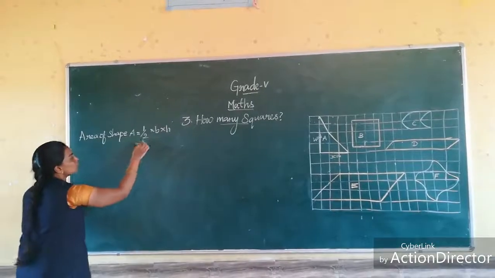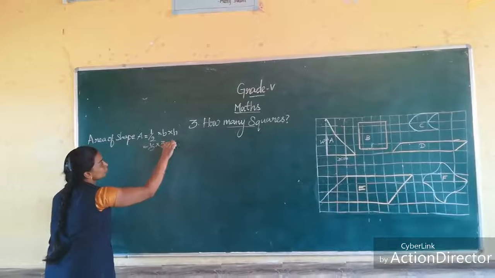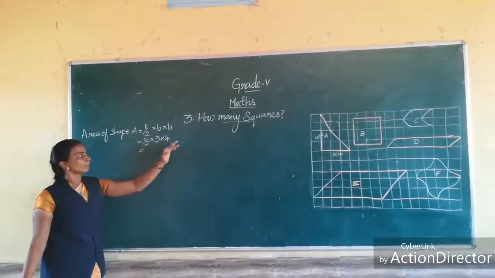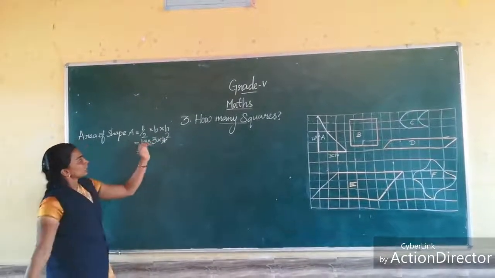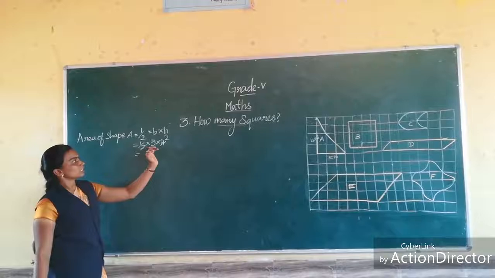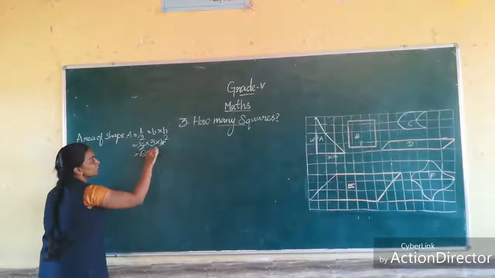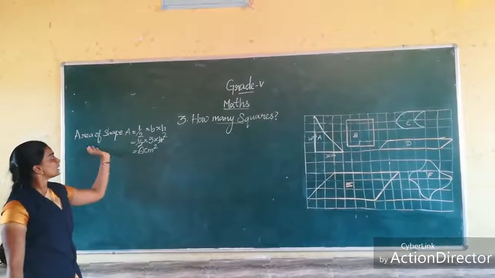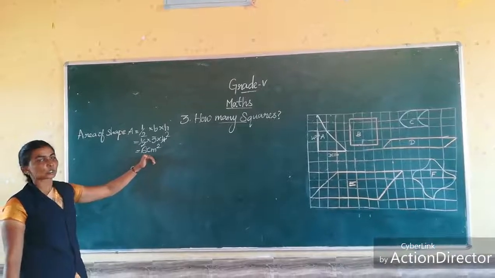We can directly cancel 2 and 4. 2 2s are 4. Next, 1 into 3, that is 3, 3 2s are 6. 6 centimeter square. What is the area of shape A? That is 6 centimeter square.